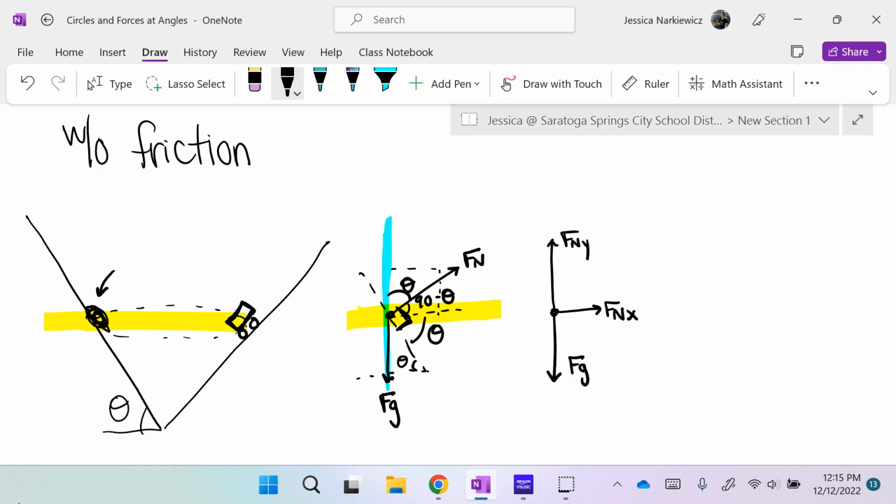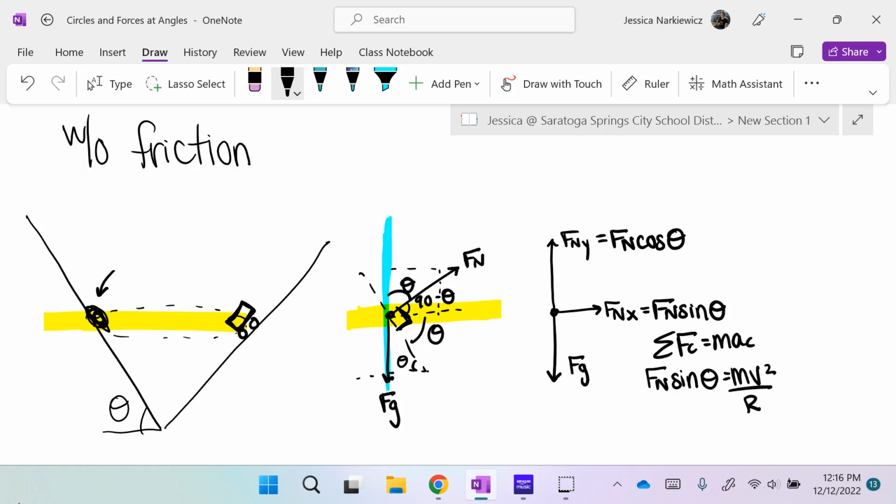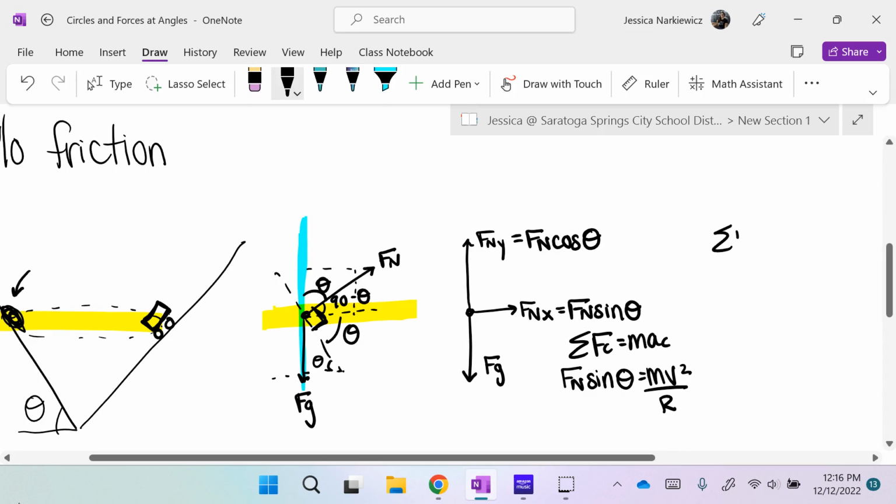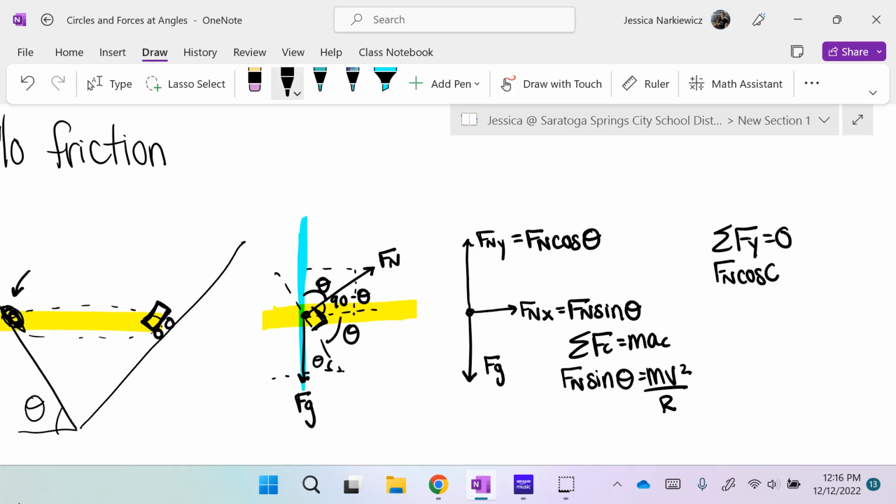We saw before that when we have the angle with vertical, the x component is sine and the y component is cosine. So for centripetal force, Fn sine theta is going to equal mv squared over r. In the y direction, we have a net force of 0, so Fn cosine theta has to equal the force of gravity.